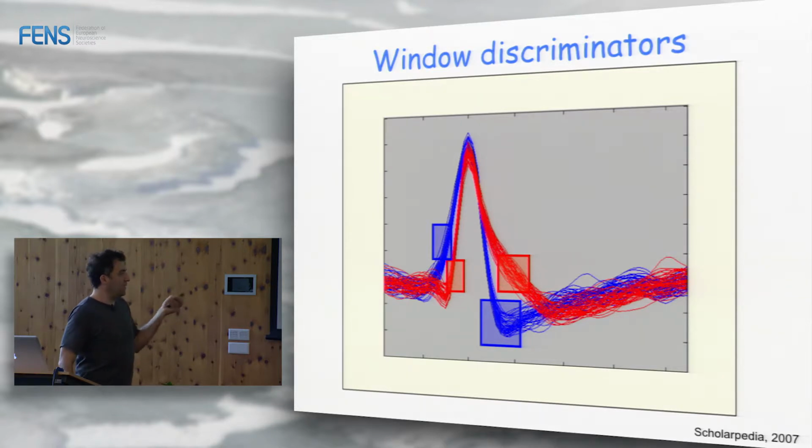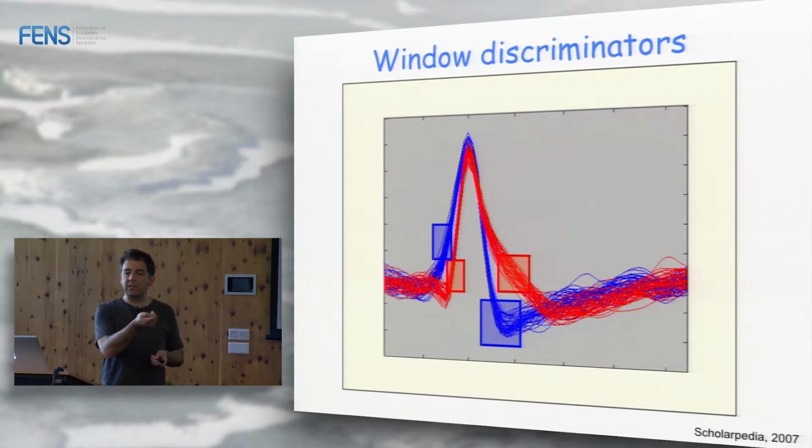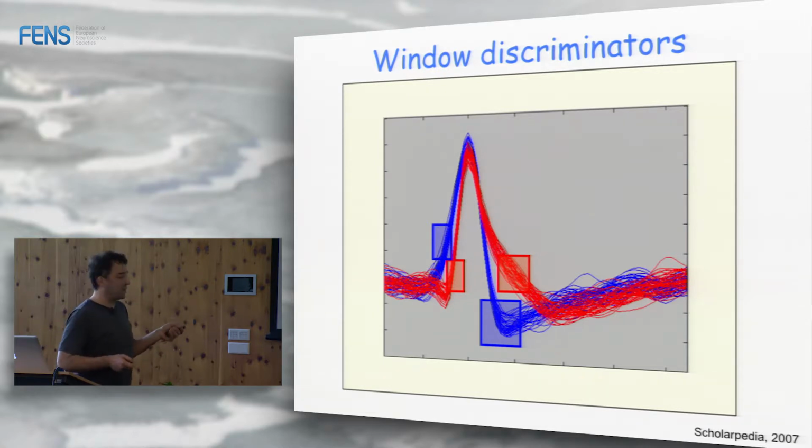Now, this is fine if you have one electrode, 2, 3, 4, maybe up to 10. But if you have like 100 electrodes, you cannot do this job. And the problem is that the recordings change with time, so the windows need to be moved. You have to recalibrate them because the spike shapes might change slightly even within a half-hour recording. So you cannot possibly do this if you have too many channels.